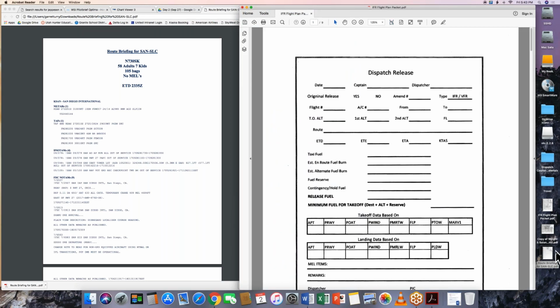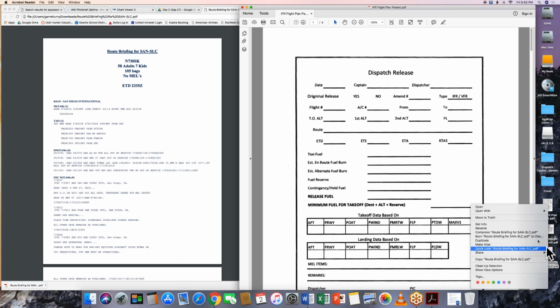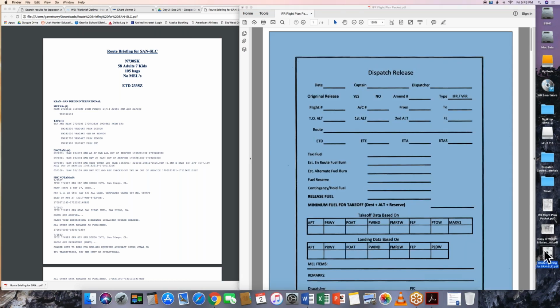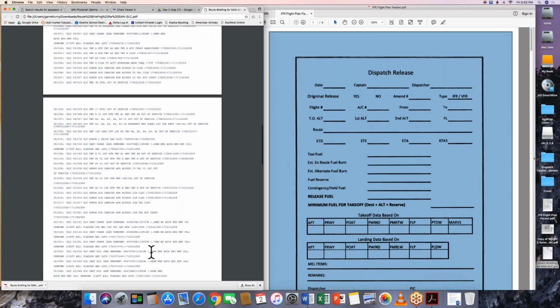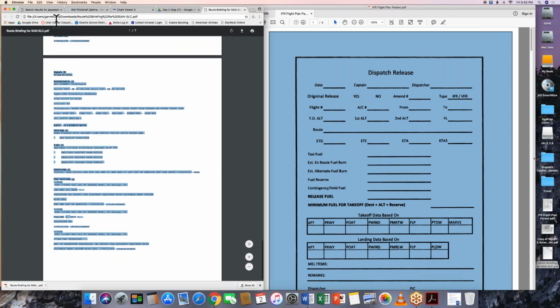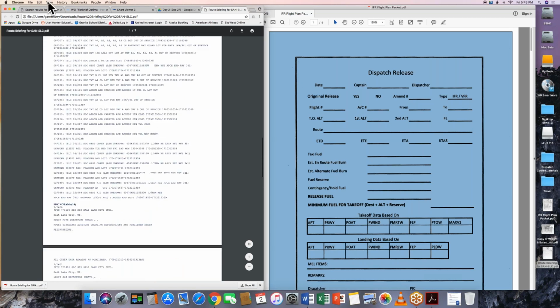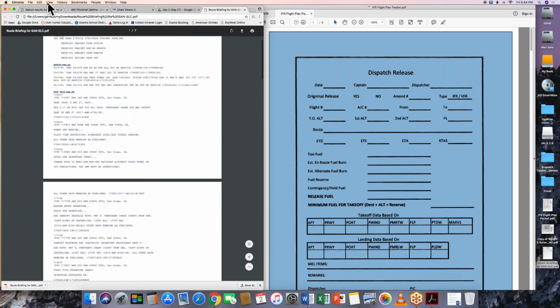A couple weeks back, it may have been last week even, I showed you guys what the route briefing guides look like. I wonder if I can just copy and paste this into a Word document. So this is our route briefing. And this is the packet we're going to give you for every one of our flights.